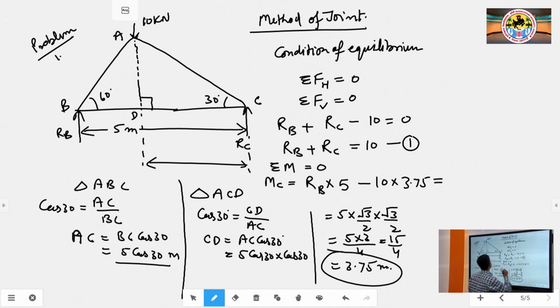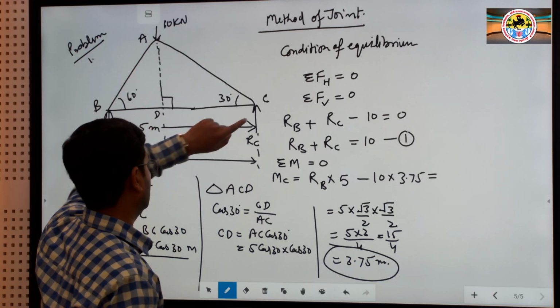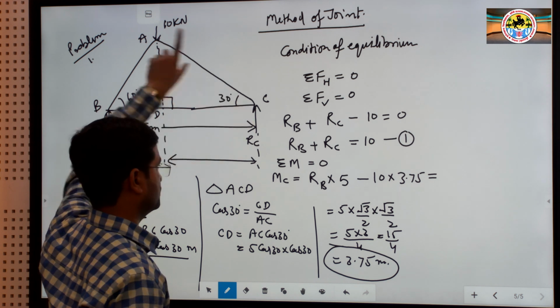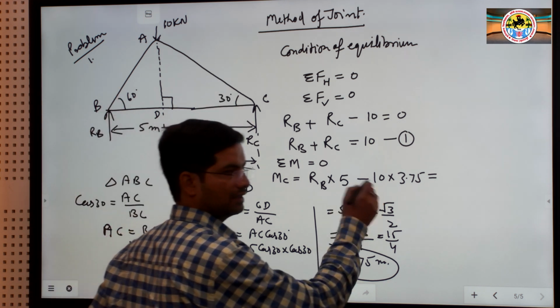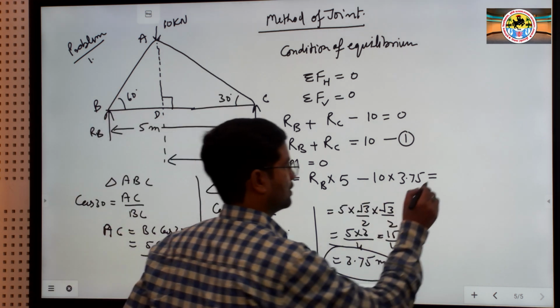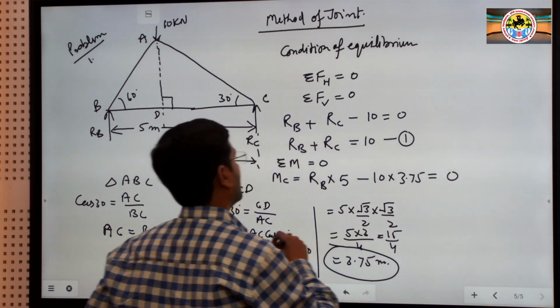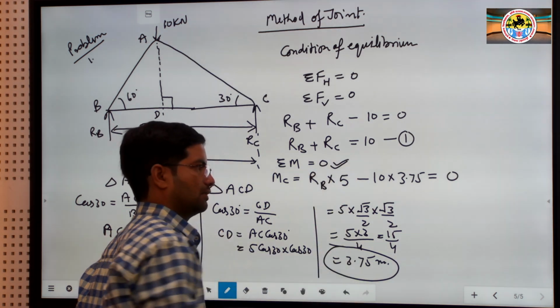So, for this force 10 kilonewton, it will give moment about point C. The perpendicular distance is 3.75. So, multiply force with the perpendicular distance, it will give you the moment, and the effect of this moment at point C is anti-clockwise. So, that is why we are considering the negative sign over here. Now, put it equal to 0. Why? Because of the condition of equilibrium.